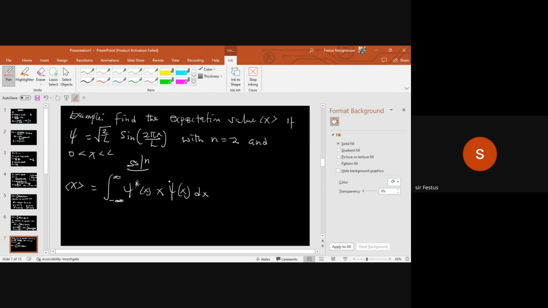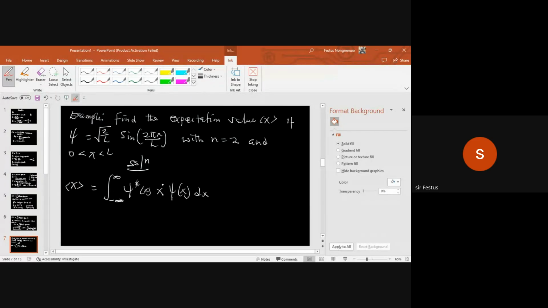Now this is the general expression, and in your case you are given the limit of integration to be 0 to L. That's why they said x lies within 0 and L. So your negative infinity to infinity will change to 0 to L, and again the third is that n is equal to 2. So it means that you are looking at two possible ways.